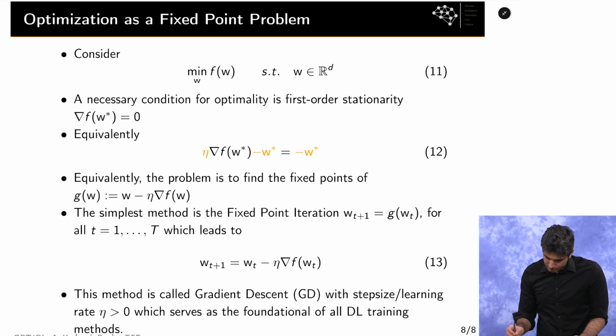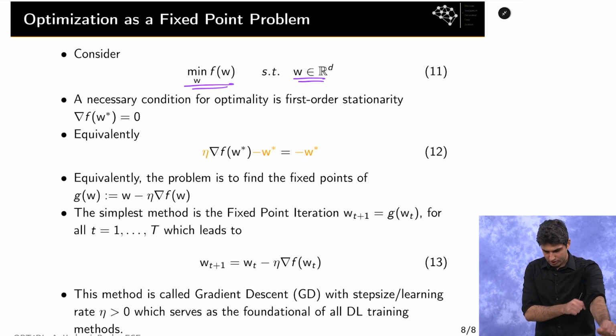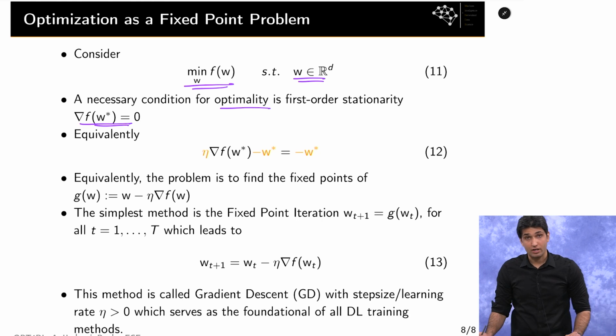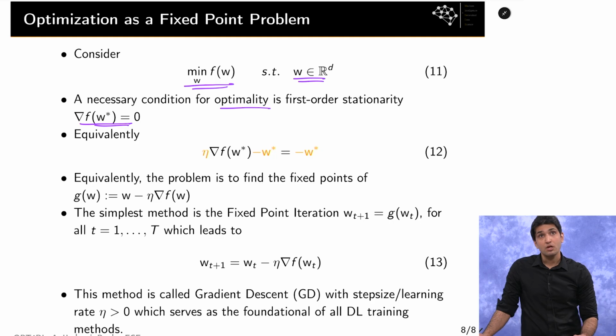So let's consider our optimization problem again. We are minimizing some loss function f for a decision variable which is d-dimensional, and there are no other constraints. Now, as we talked about, a necessary condition for optimality is first order stationarity, meaning that if W star is an optimal solution, the gradient of the function at W star must be 0.